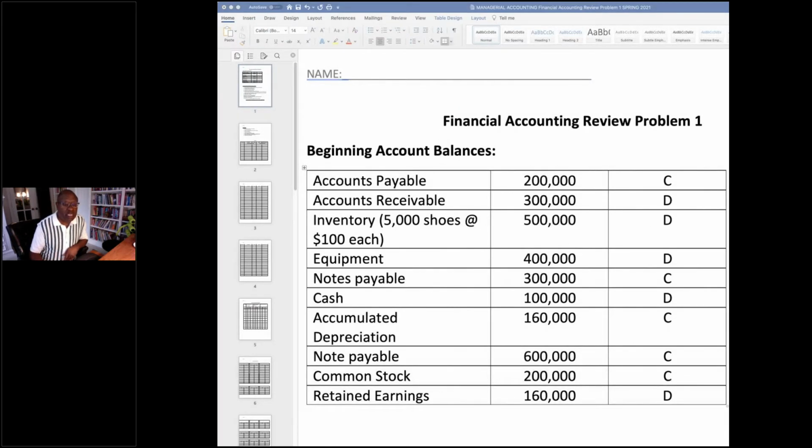So we go to our T accounts. We will put those balances in.